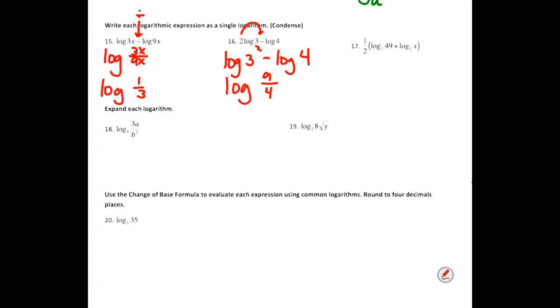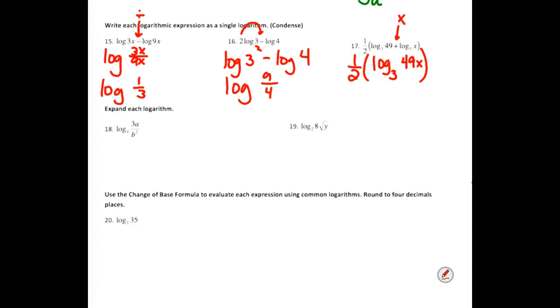For question 17, notice the 1/2 is in front of parentheses. That means it applies to all of the stuff inside. So I'm going to condense the pieces inside first. We have log base 3 of 49 plus log base 3 of x. Addition is going to condense down to multiplication. So this is log base 3 of 49x.